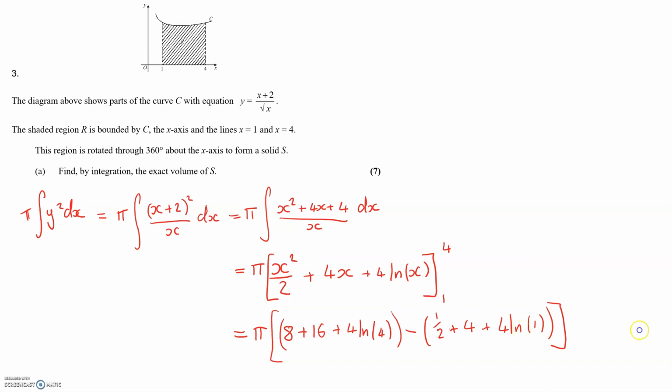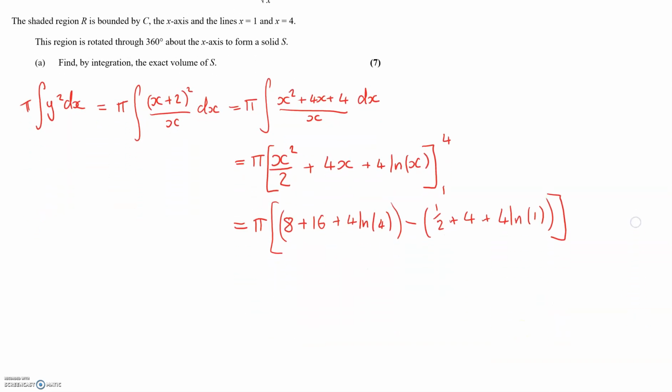Combining together all of the non-ln pieces, we get 39 over 2. And then the ln piece is just the 4 ln 4 from the first expression. Don't forget that this is all multiplied by pi. Leaving your answer as a factorized multiple of pi is completely acceptable.